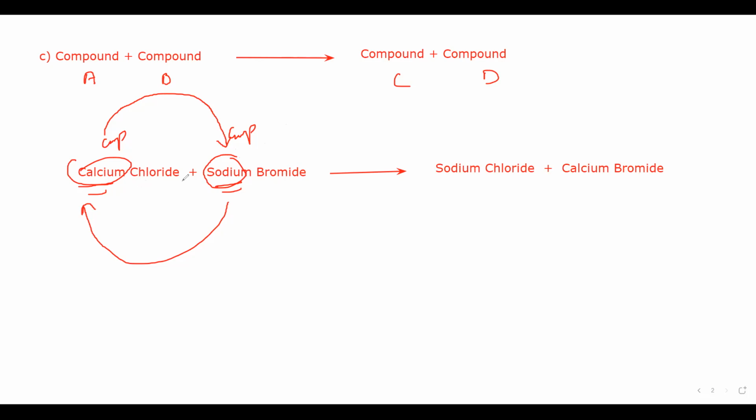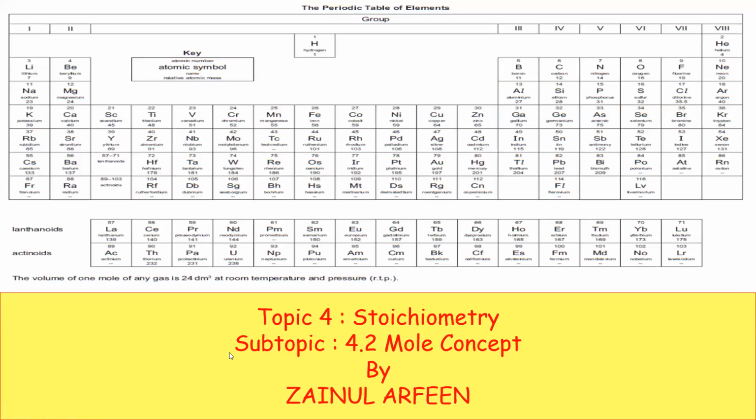So for the symbolic equation, because these are compounds, we have to again use the periodic table. So calcium chloride. How to write the formula of calcium chloride? When you check the periodic table, calcium is group 2, so it will be plus 2. Chlorine is group 7, so it will be minus 1.